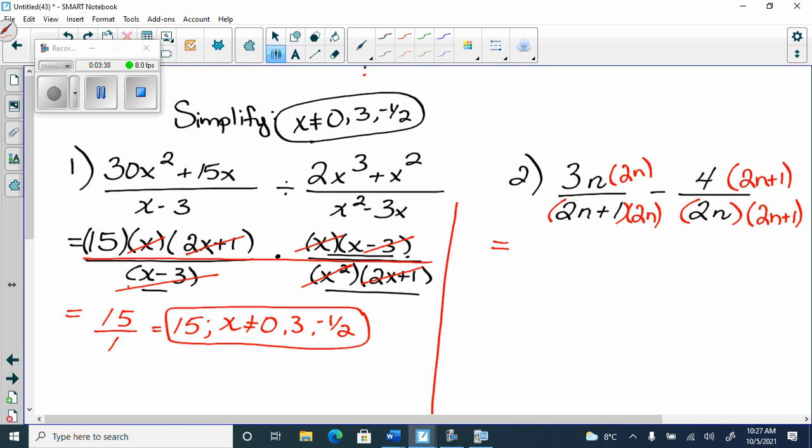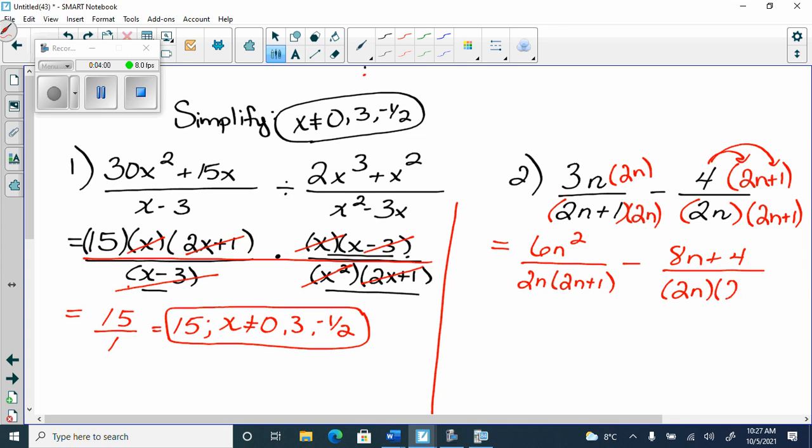So I'm going to get a 6n squared over 2n plus 1. Do I ever distribute my denominator? No, unless it's a monomial, unless it's like 16x squared y squared z, then I would just put them together. Now here I'm going to get 8n plus 4 over 2n plus 1.